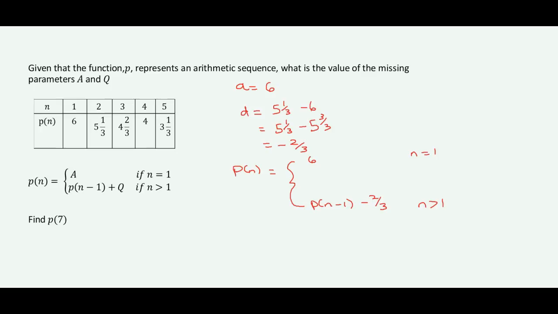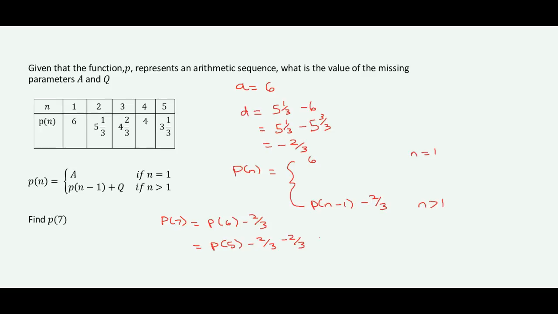Now let's look for P of 7. So P of 7 is going to be P of 6 minus 2/3. We don't have a value for P of 6, so P of 6 is equal to P of 5 minus 2/3, minus 2/3.